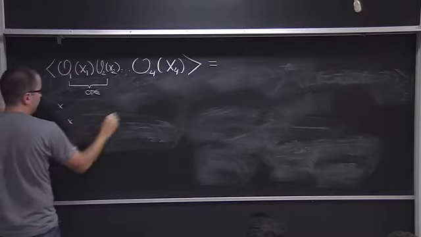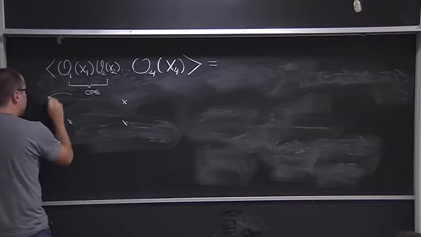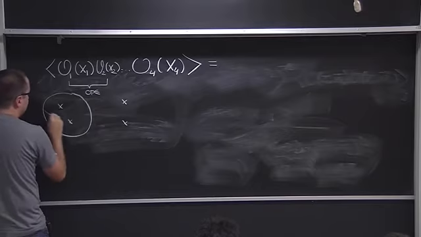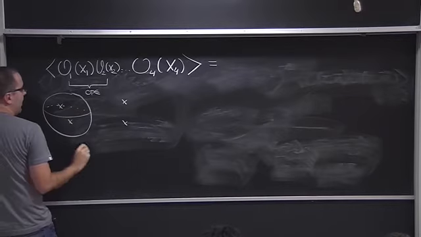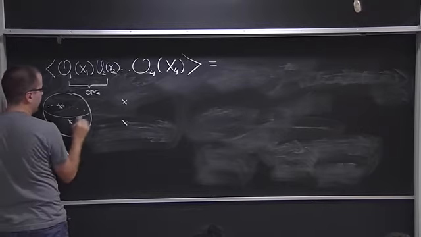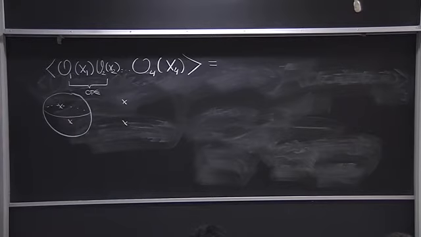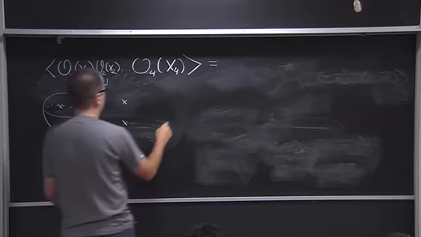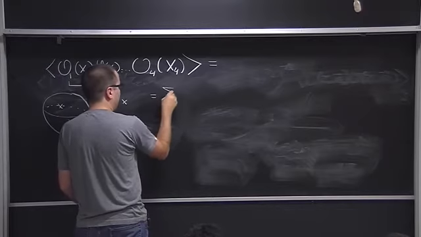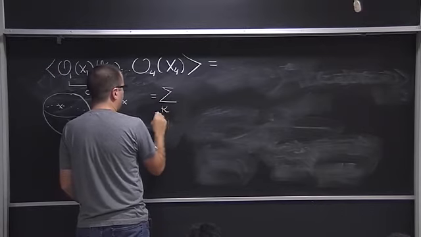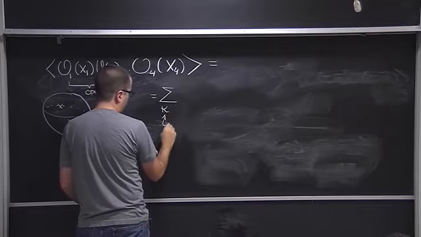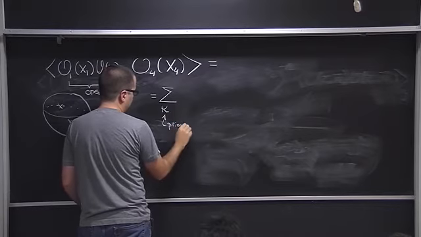You have your 4-point function, and you consider a sphere that surrounds two operators, and ask what happens when I fuse these two operators. What do you get? Let me write it right away. You can replace them by a sum over k, where these are the primaries.